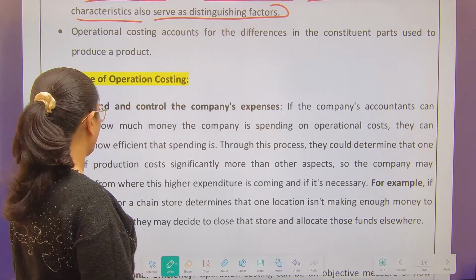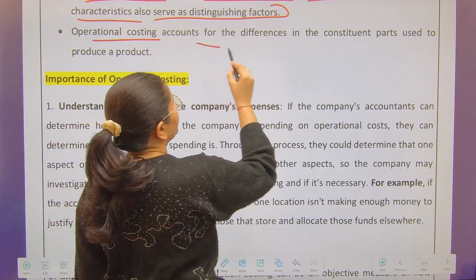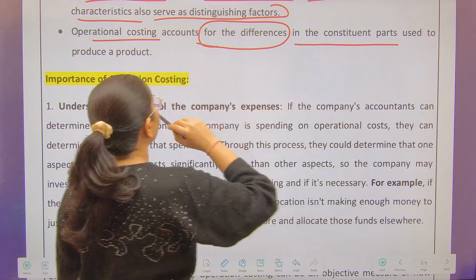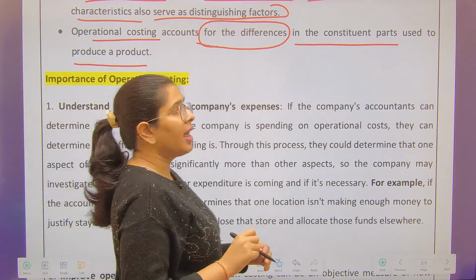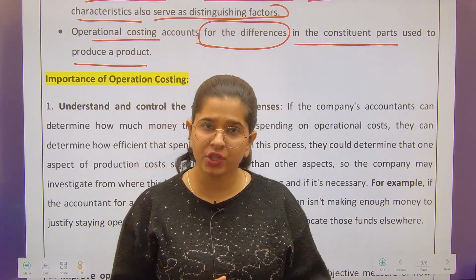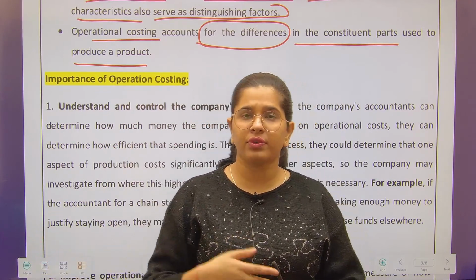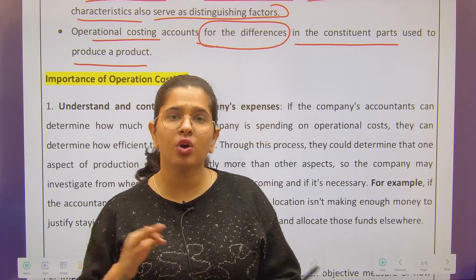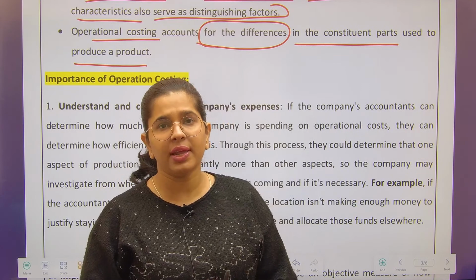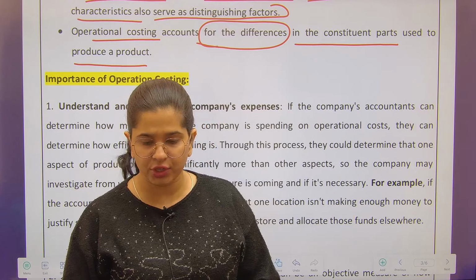So this is the aim of your operation costing, that it accounts for the differences in the constituent parts used to produce a product. If there is a computer which is having a RAM of 8 GB, and suppose there is another laptop which is having a RAM of 16 GB, so costing of both of them will be different because different operations have been employed on them, and you need to include the costing of those operations as well.